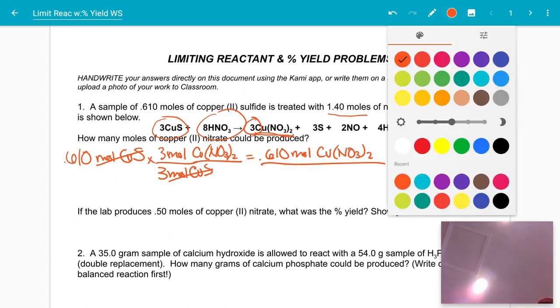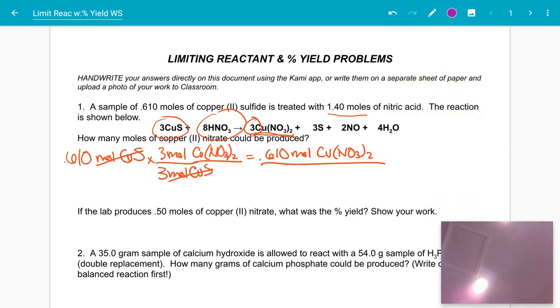Okay, so that's the first one we did. So now I'm going to switch colors. I didn't leave myself a whole lot of space to write. So the next one is 1.40 moles, I shouldn't have skipped the 0, moles of nitric acid, HNO3. And I'm going to do a mole to mole ratio. So I'm going to put HNO3 on the bottom, and the HNO3 is 8 moles. And I'm going to put the product, the thing that we're looking for, on the top.